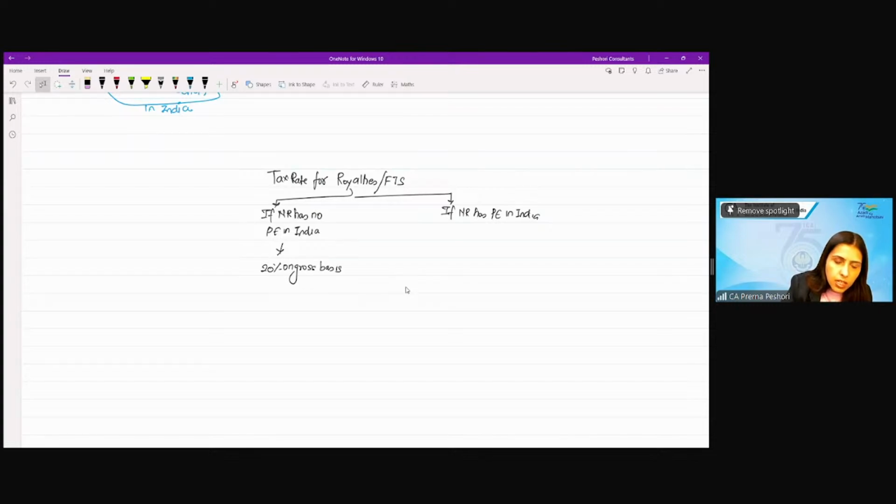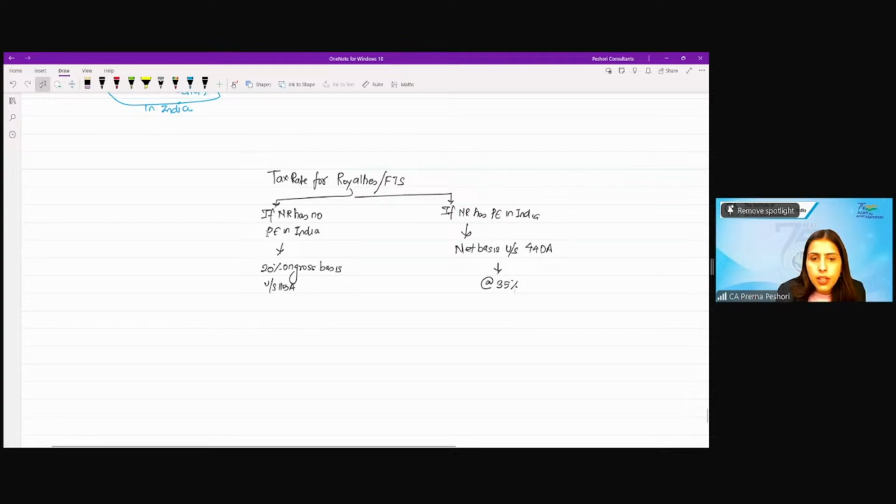Gross basis meaning no expenditure will be allowed under section 115A. And if it has a PE in India, net basis meaning you will consider all the expenses under section 44DA at the rate of 35%. Are we clear? Yes.